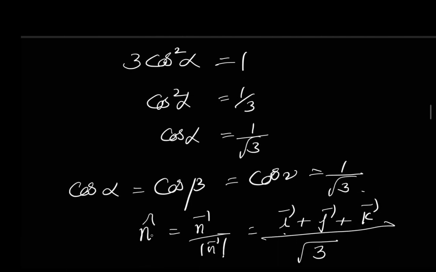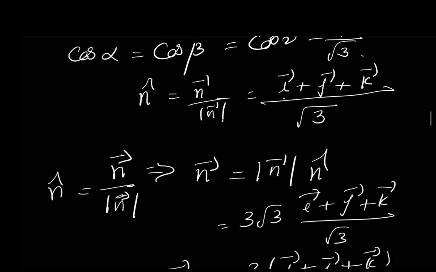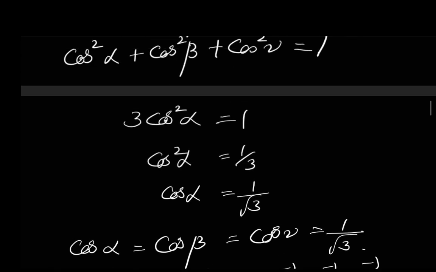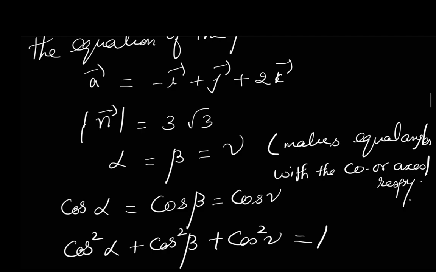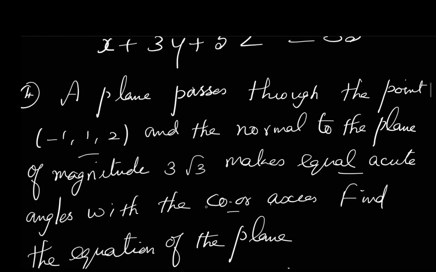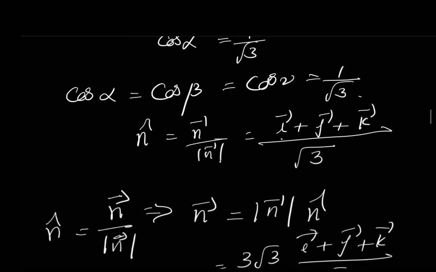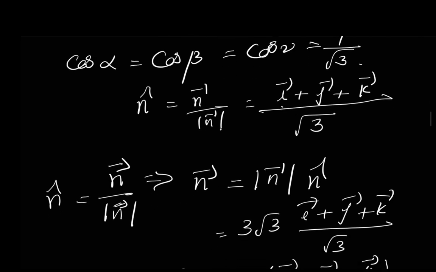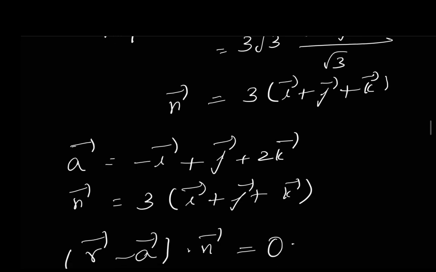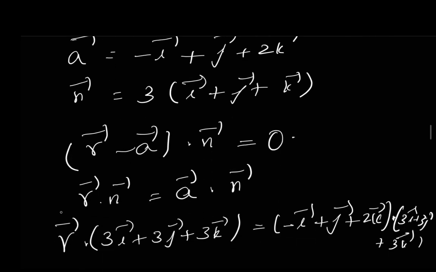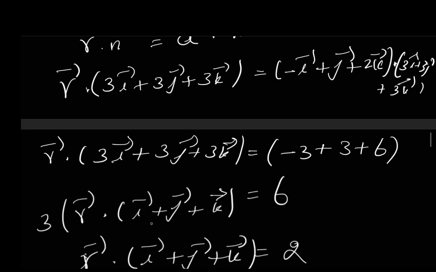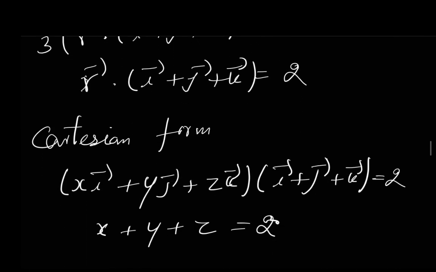Using this we get the unit vector of the normal vector, and from that we get vector n, because they gave only the magnitude of the vector, and also the second concept, the equal angle it makes with the axes. Using these two we get the normal vector. You have to understand this and then come to the equation of the plane. This is the vector equation of the plane and this is the Cartesian form. Thank you.